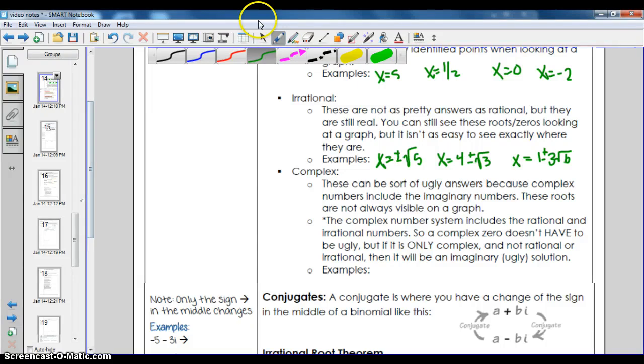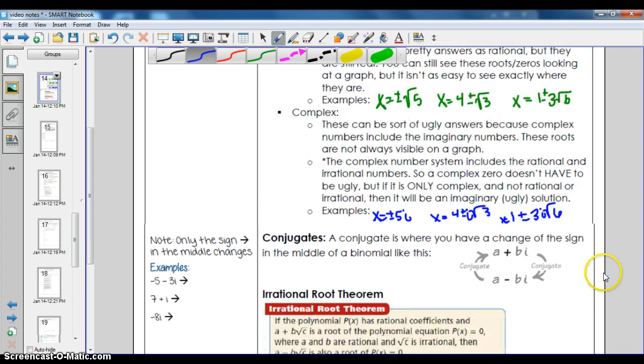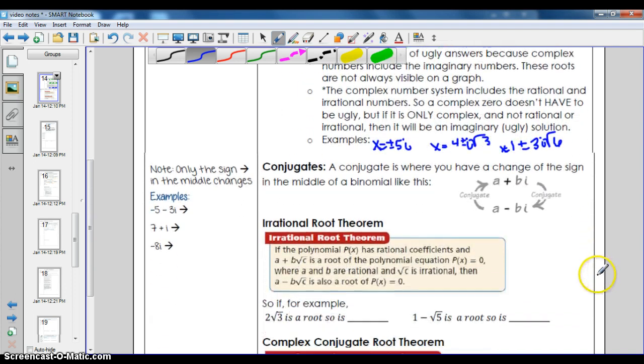So here, let's take a look at some examples. So we could have plus or minus 5i, imaginary. We could have x equals 4 plus or minus i square root 3, or maybe x equals 1 plus or minus 3i square root 6. So we also have to take a look at something called the conjugate. So only the sign in the middle is what's changing.